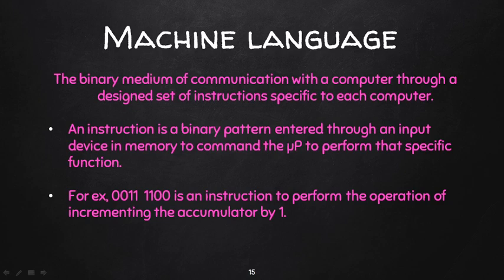For example, 00111100 is an instruction to perform the operation of incrementing the accumulator by 1, which we have seen in the previous slide. There it was written in hex, that is 3C, and here it is written in binary.